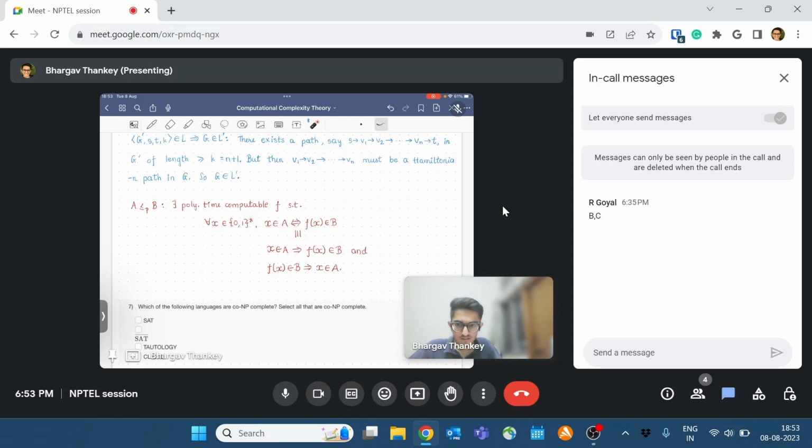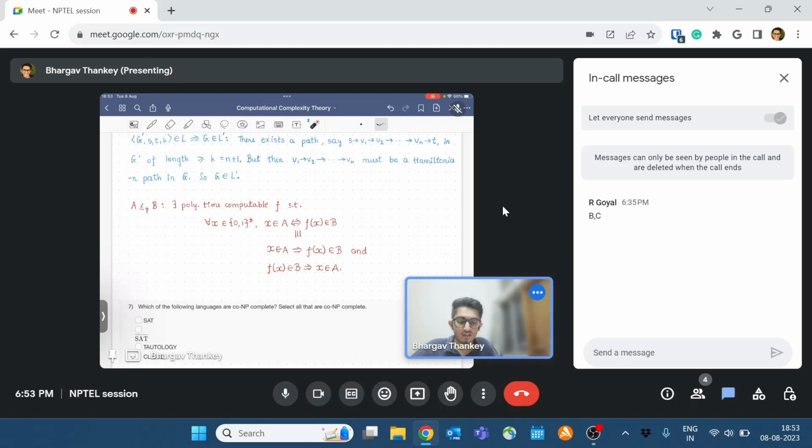Do we also need to show that if x is not an element of A, then f of x is not an element of B either? This is the definition of reduction, right? And what you are saying is exactly the contrapositive of this.